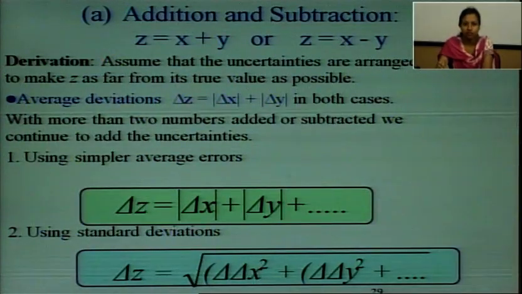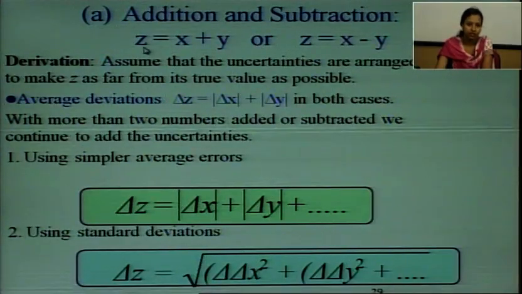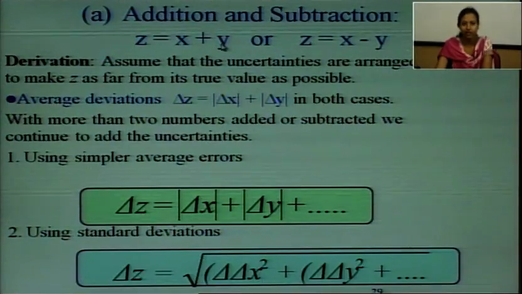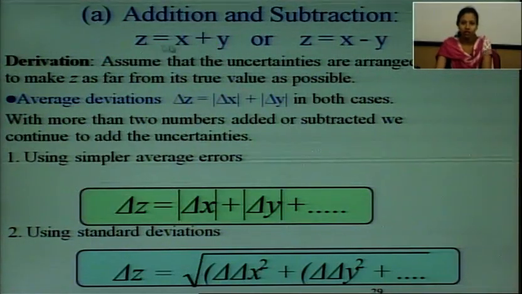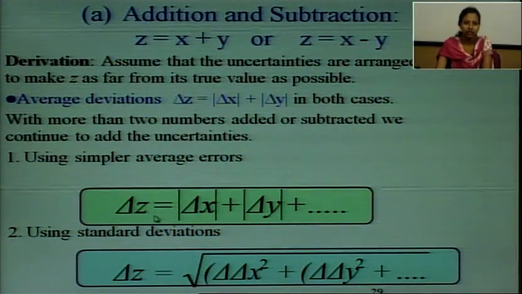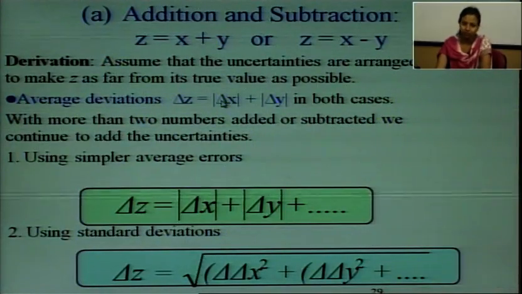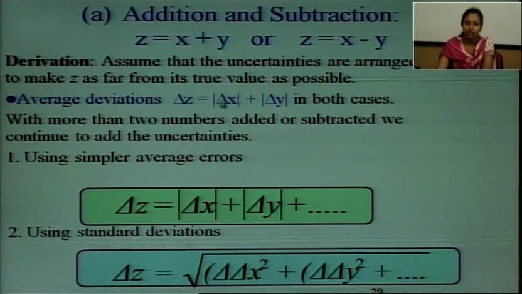Based upon these formulas we can calculate the total error in the measurement of any formula. For example, if z is the sum of the two values x and y, like v is equal to u plus at, or the difference of these two individual values, then the absolute error in the measurement of z is equal to the absolute error in measurement of x plus the absolute error in measurement of y.